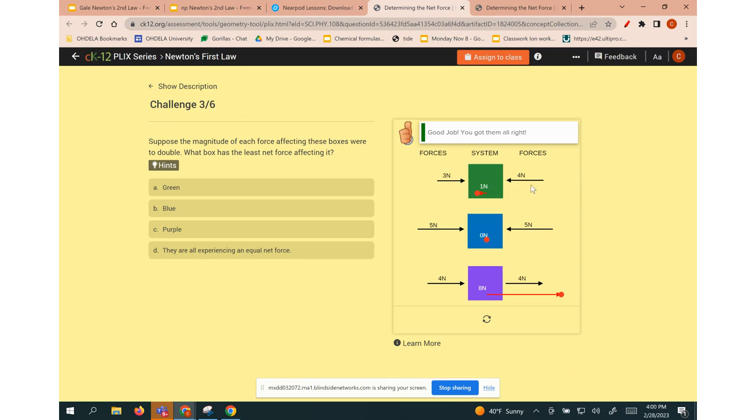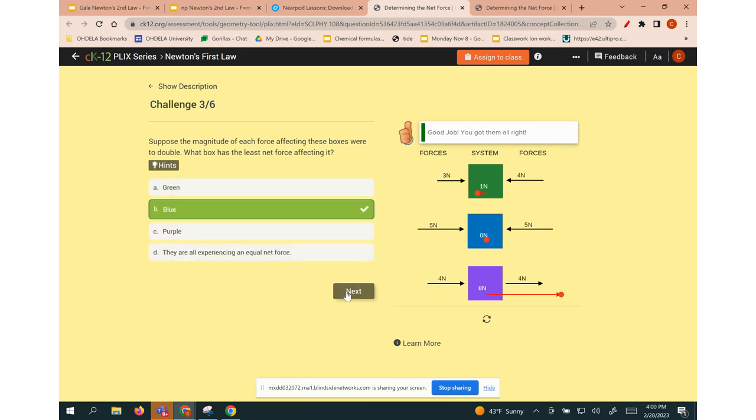So if we double this, 3 and 4, this will make this go to 2 newtons to the left. Here we go, 10 and 10. Now those are balanced, so this will still be 0. Here is 4 and 4 going to the right. That will make that 16 if we double it. So we're going to say blue.